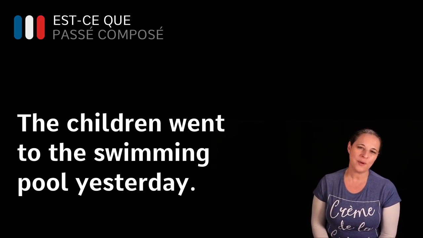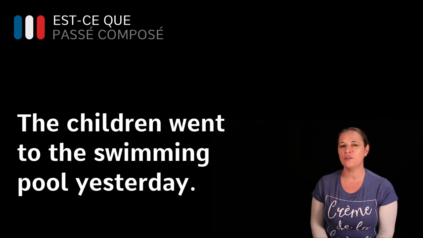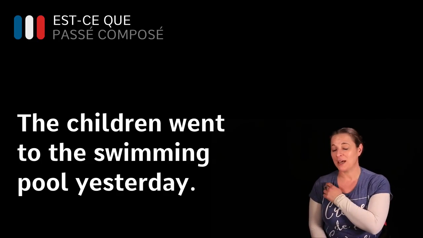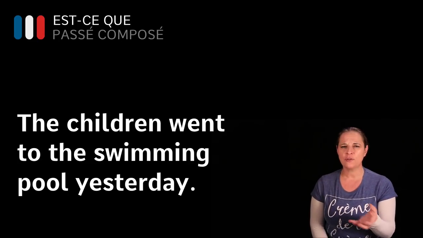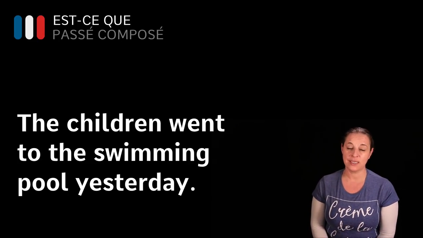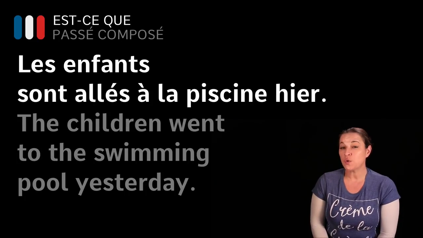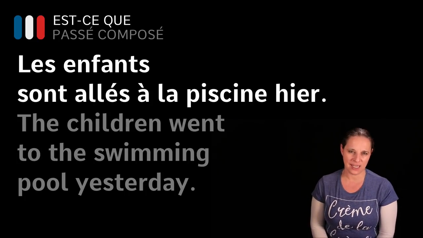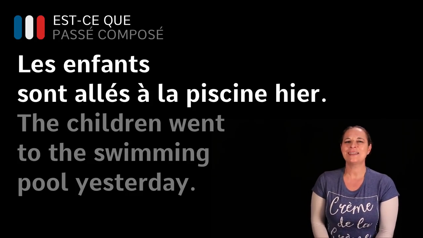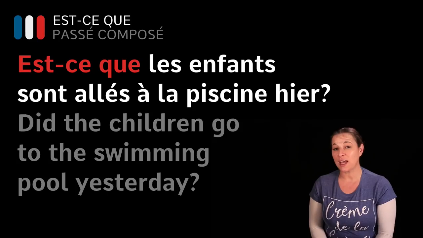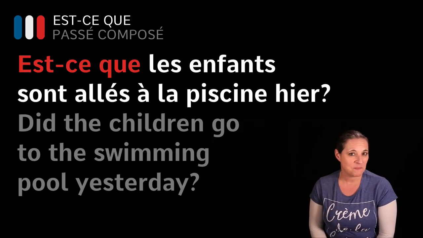Now, if you're not sure about this, refer back to my videos on the verb to go in the past tense, okay? And I teach you how to conjugate this verb. The children went to the swimming pool yesterday. Les enfants sont allés à la piscine hier. So, we're asking a question though, using est-ce que. Est-ce que les enfants sont allés à la piscine hier?